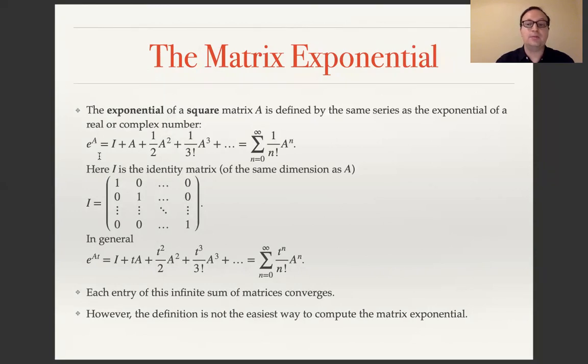So it's a similar formula to the one that we would use for a real number or a complex number, except that for a real or a complex number, the first term would be 1 instead of the identity matrix. So the identity matrix is the matrix that has 1 on the main diagonal and 0 outside of the main diagonal.